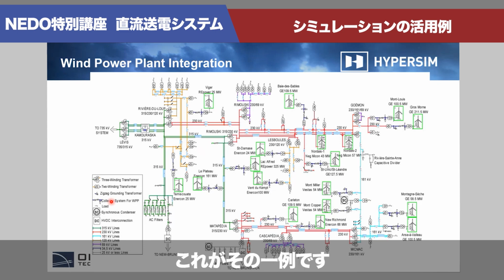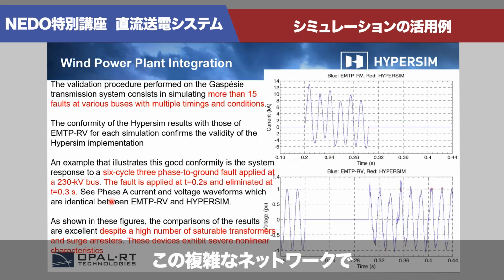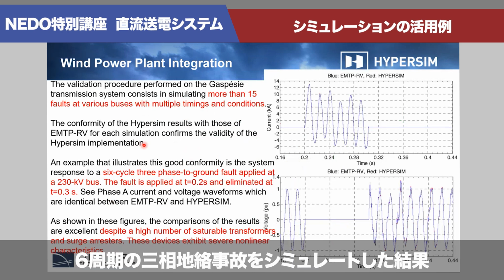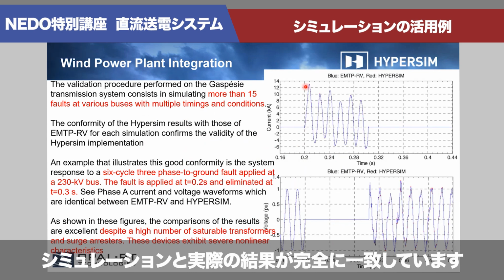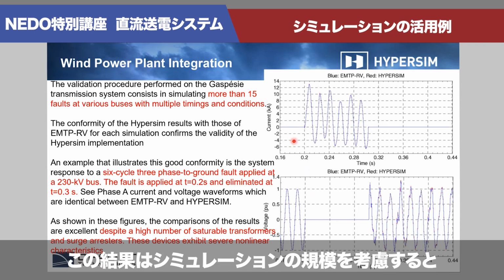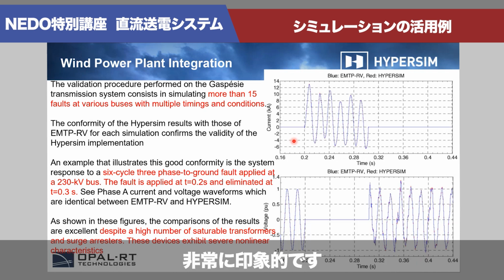So this is an example of this, and with this complex network, you can see that for a 6-cycle 3-phase fault to ground, the results of the simulation and the real-life network are exactly the same in transient. That's quite impressive considering the simulation size that we have here.